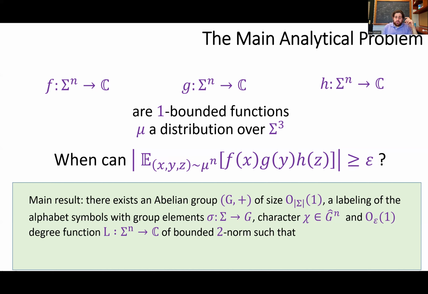And there must be a Fourier character from this abelian group, as well as a low degree function L, such that the function f is correlated with the low degree function L times the Fourier character after you adapt the input to be from sigma.